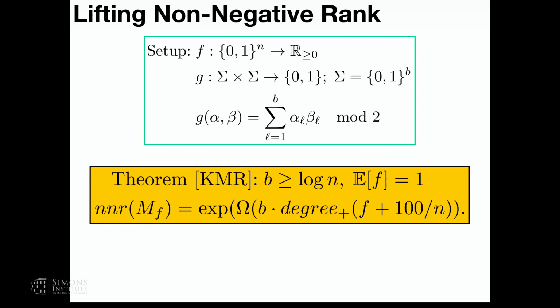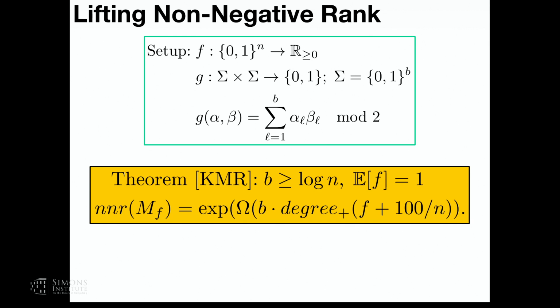So our real main theorem, from which the results I mentioned on the first slide follow, is that as long as b is at least some constant times log n, I'm ignoring constant factors, and I'm going to normalize so that the expectation of my function is 1. This is just a normalization term. Then the non-negative rank of my lifted matrix is at least exponential in b, which is log of the alphabet size, times degree plus of f with a small additive shift.